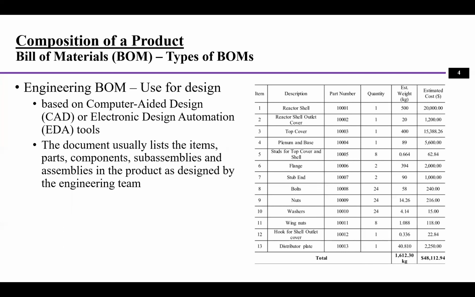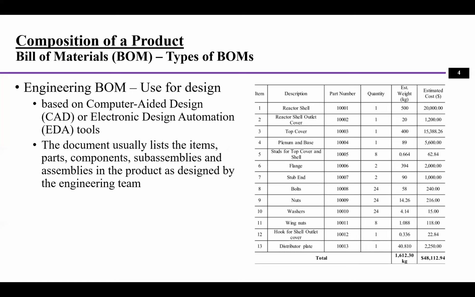And there are different types of BOMs. One type is the engineering BOM. Basically it's used for design, and typically it's based on computer-aided design. For example, you draw some parts, it has part dimensions, part numbers, part name, and quantity.